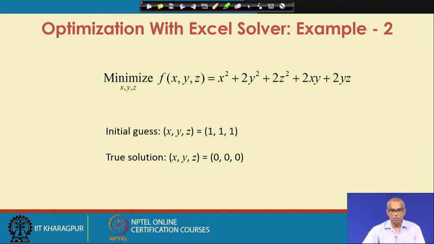So, let us go and solve this problem. The problem is x square plus 2y square plus 2z square plus 2xy plus 2yz. You have to minimize this.